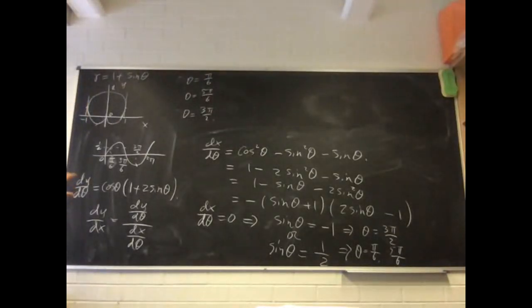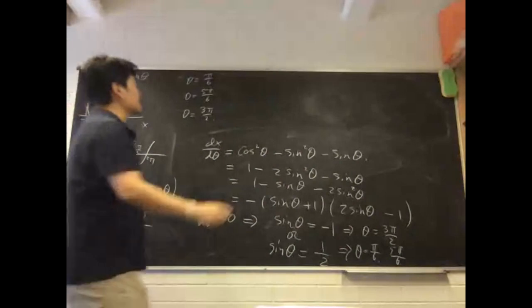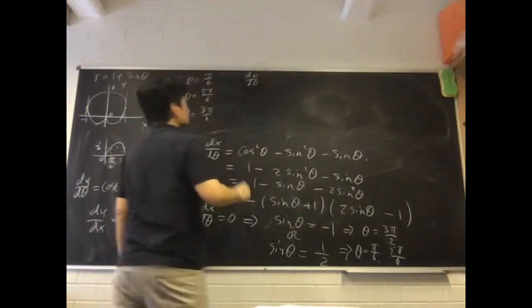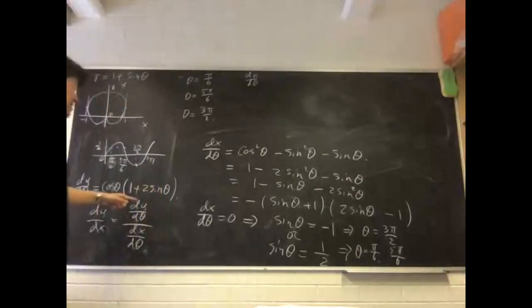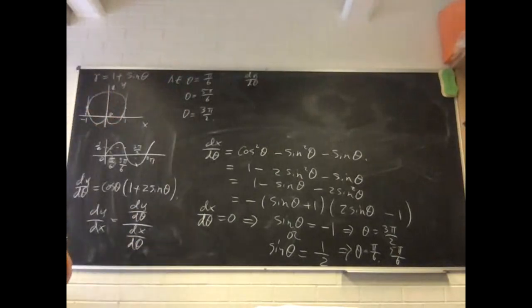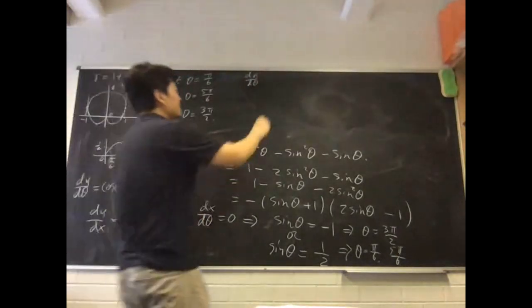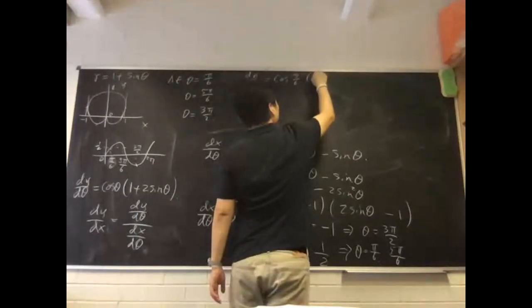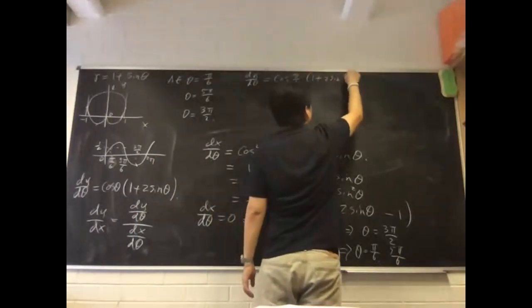So let's just take a look at the top. dy/d theta is this formula here. At this point, theta is equal to pi over 6. dy/d theta is cosine pi over 6 times 1 plus 2 sine pi over 6.